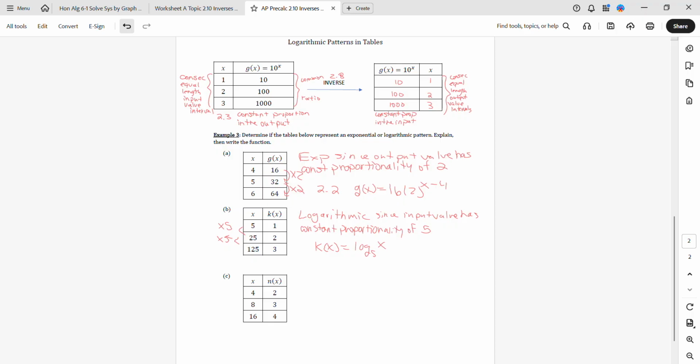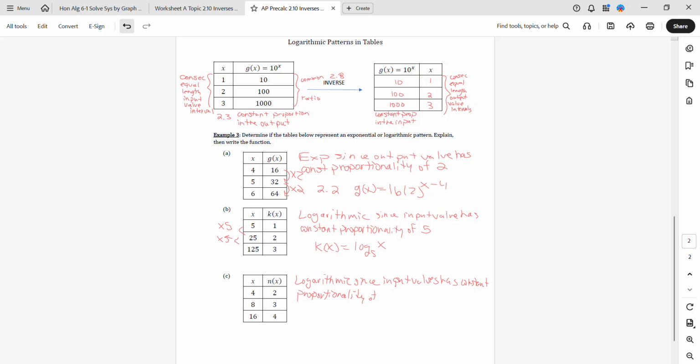And then how about C? This is also logarithmic. Since input values has constant proportionality of, what does this have a constant proportionality of? 2.